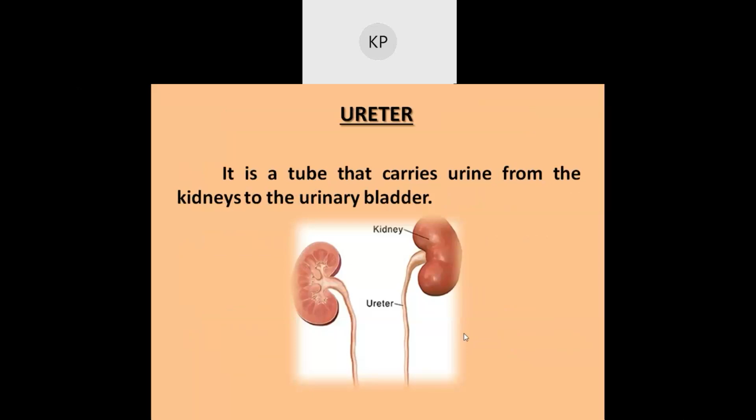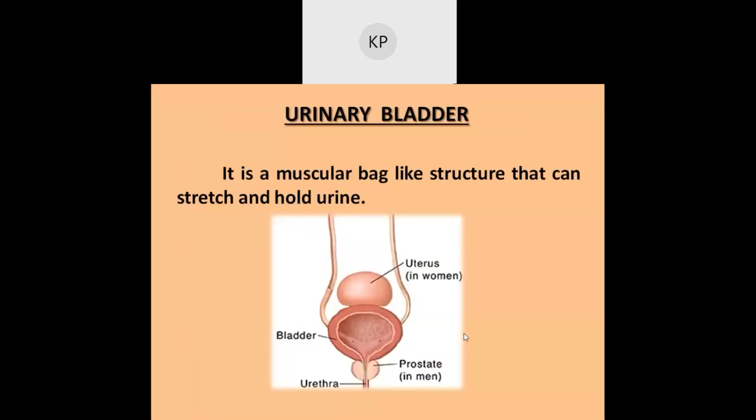Now, after kidney, next organ is ureter. A pair of thin muscular tubes called ureter comes out of each kidney, extending from renal pelvis. It carries urine from the kidney to the urinary bladder. In this image, these are the ureters. Now, third organ is urinary bladder. It is a muscular bag or sac-like structure that can stretch and hold about 1 liter of urine.